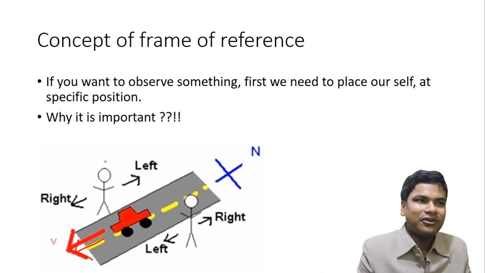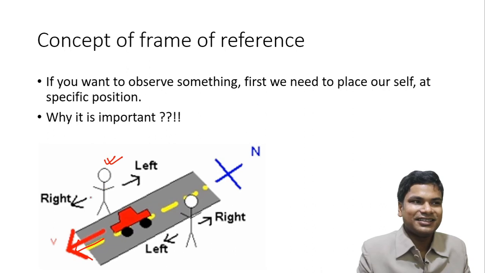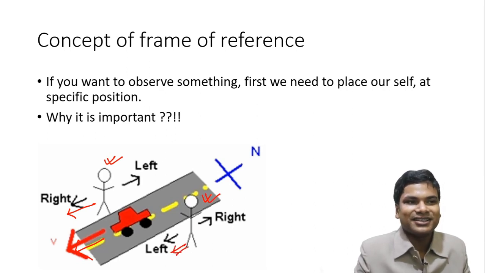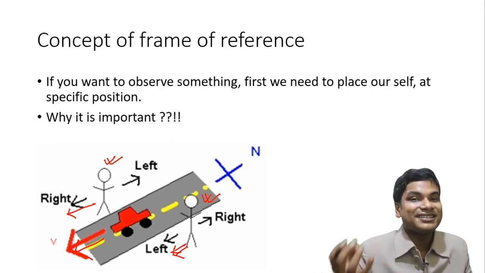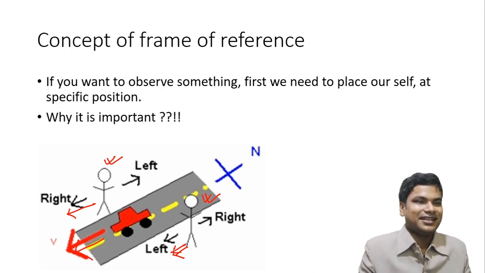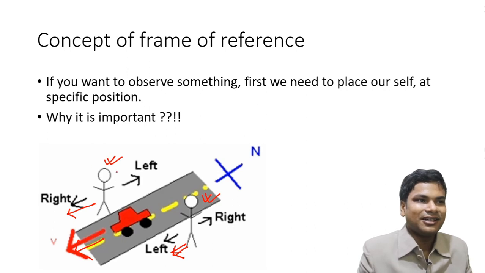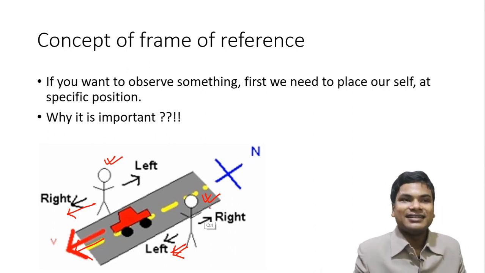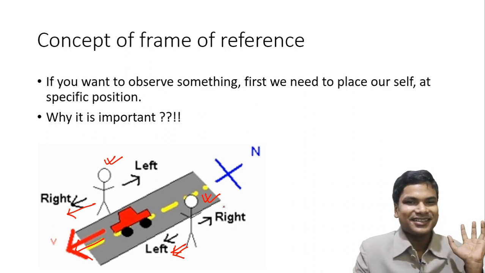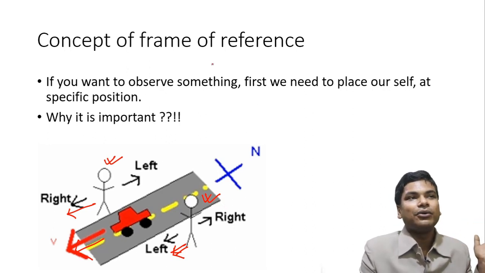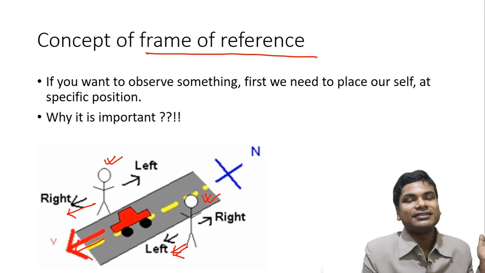According to this person, the car is moving towards the right, and according to this person, the car is moving towards the left. If I ask you whose statement is correct, either this person or that person, the answer is both of them are correct. It's all about frame of reference.